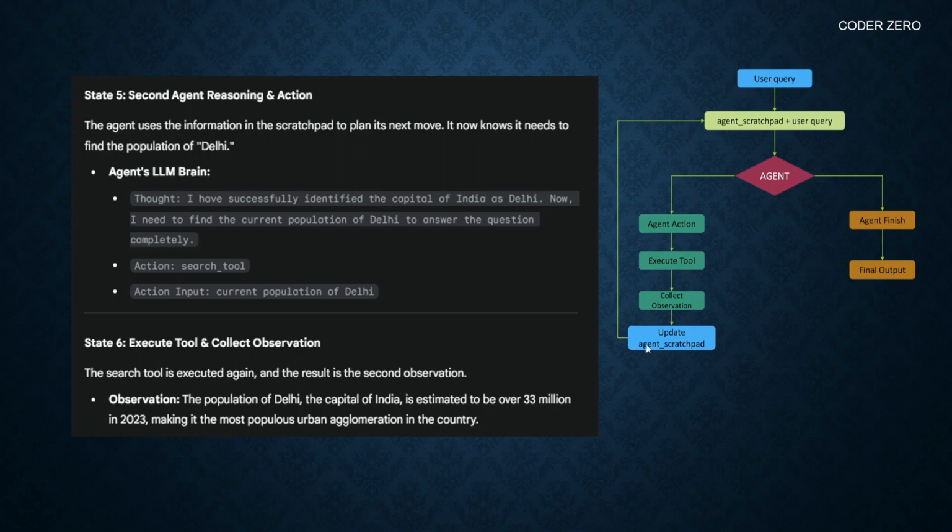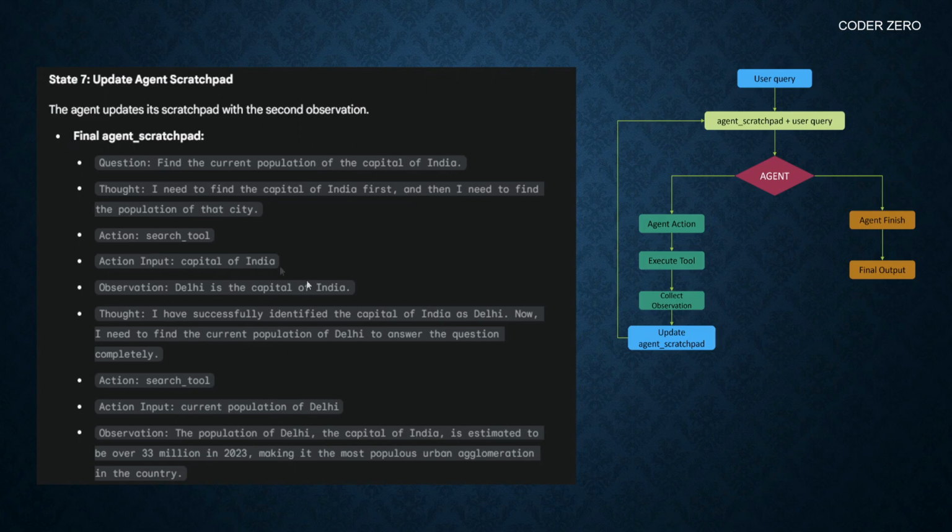Now we have collected the observation. The next step is to update the agent scratchpad and again give the scratchpad plus user query to the agent. So here is our updated scratchpad. You can see we have the question, the thought process, then the observation, then the thought process again, and another observation.